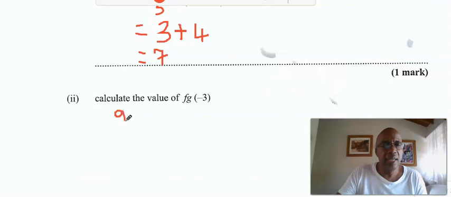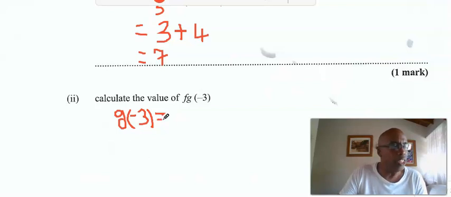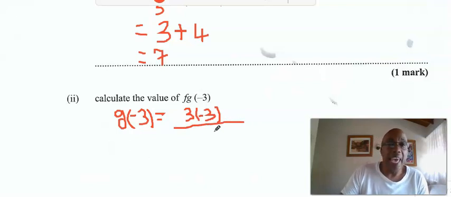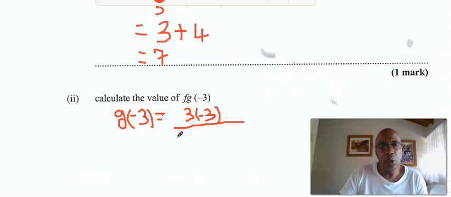g of -3 equals, so we substitute -3 into g, so g of x is 3x, so we have 3 times -3 for the 3x over, and we have x plus 1 as the denominator, so we substitute -3 for x, and we have the plus 1.